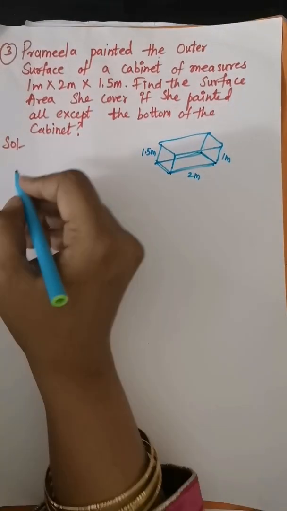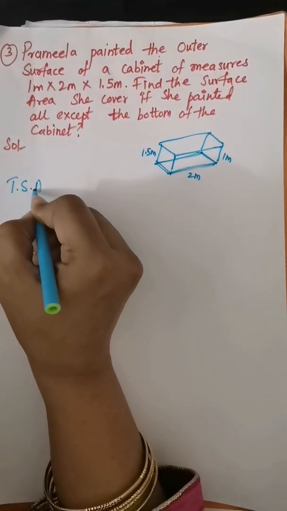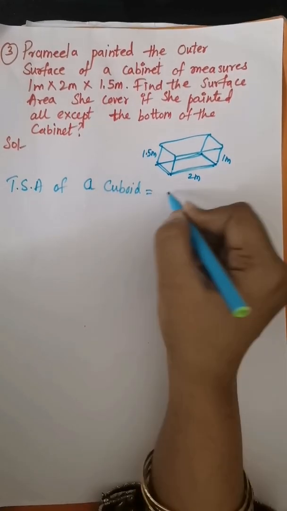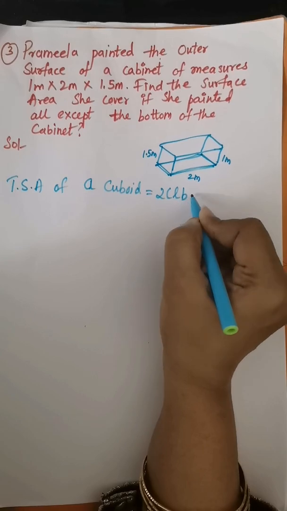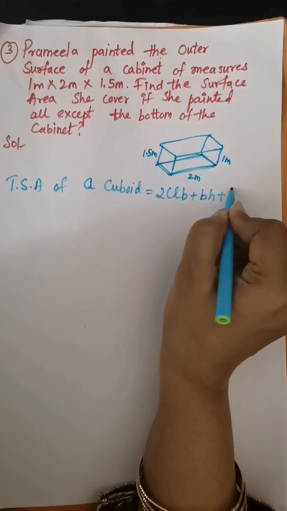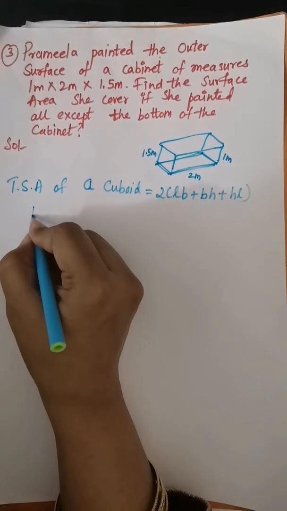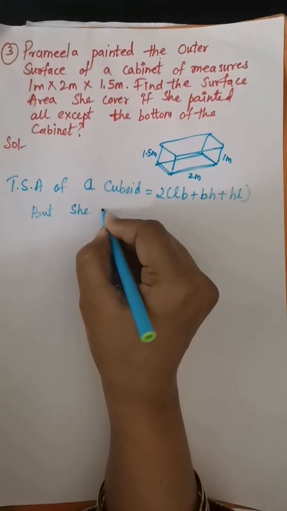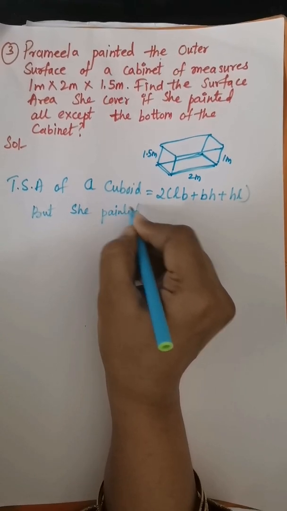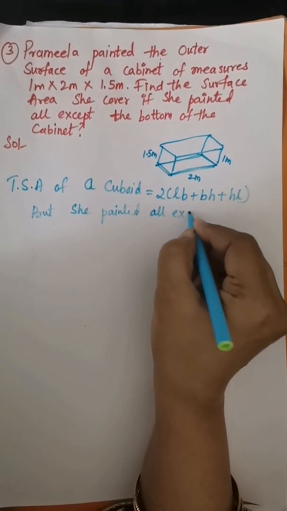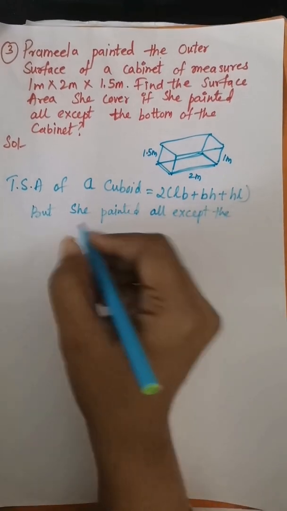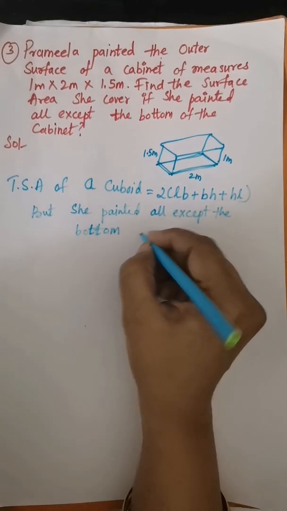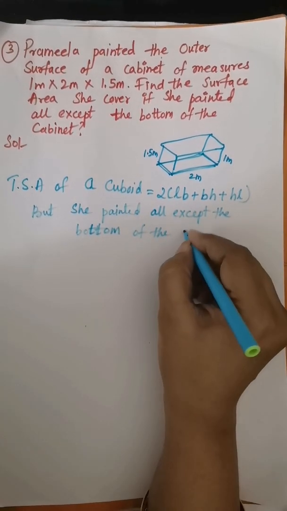The formula is TSA of a cuboid is equal to 2 into LB plus BH plus HL, but she painted all except the bottom of the cabinet.